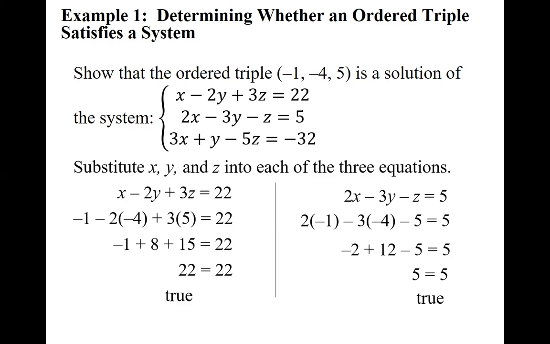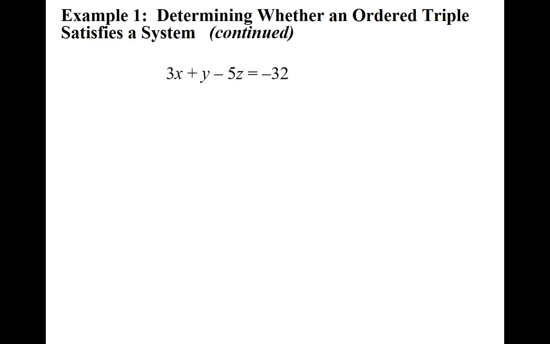Let's move on to the third equation. 3x plus y minus 5z equals -32. Make our substitutions. Plug in that -1, that -4, and that +5. We get -3 minus 4 minus 25 equals -32. That's -7 minus 25.